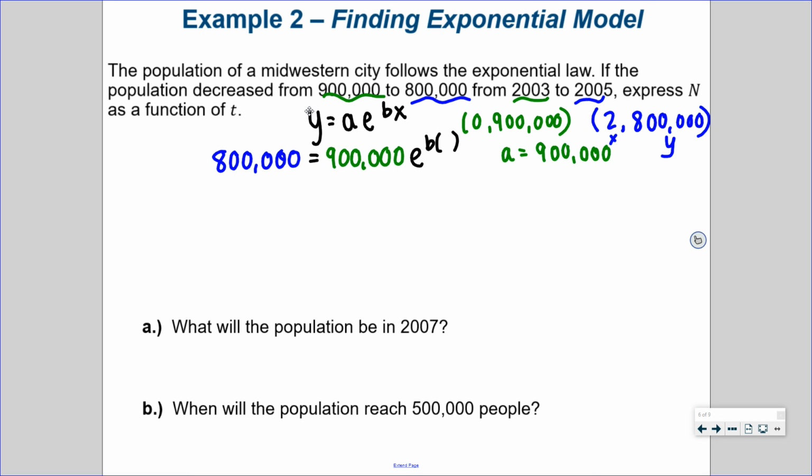And if I'm using that point, x is 2. Then we solve for B. Divide both sides by 900,000. We get 8 ninths equals e to the 2b. All right, same steps. Natural log of both sides. You guys are probably getting bored of this.